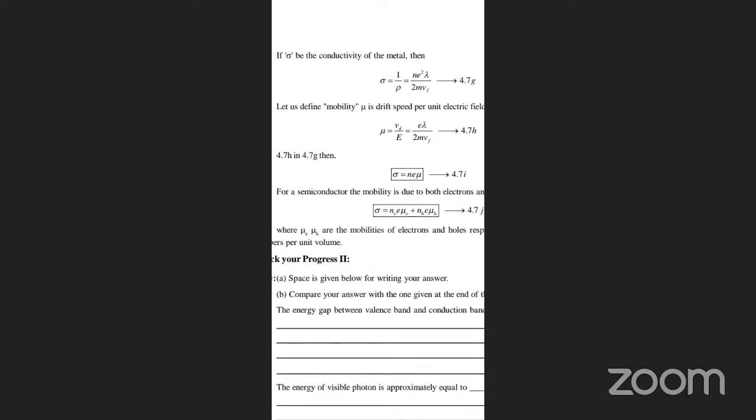If sigma be the conductivity of the metal, then sigma is equal to 1 by rho. Let us define mobility. Mu is the drift speed per unit electric field. Mu is equal to vd by E, that is e lambda by 2m vF.